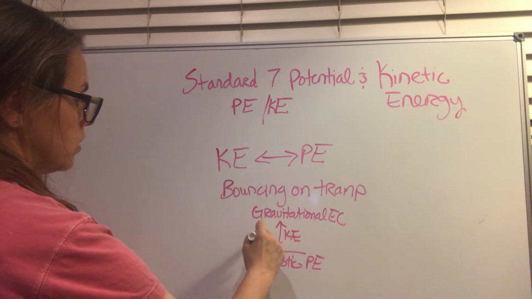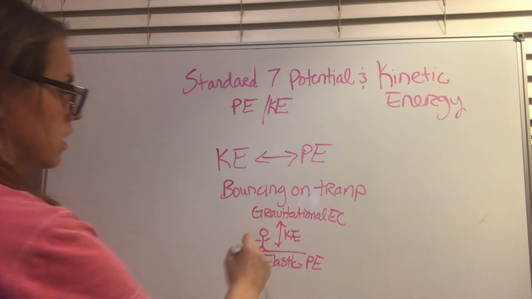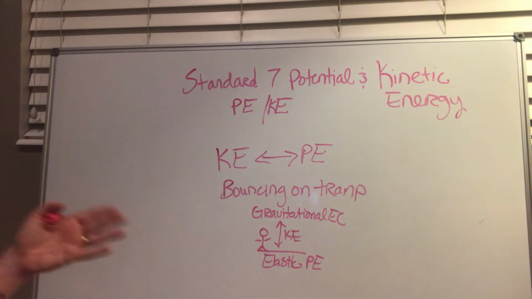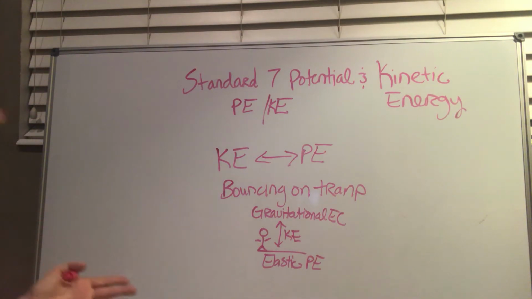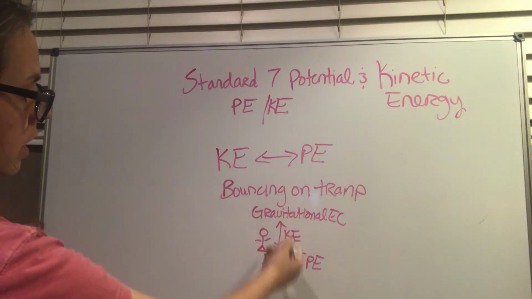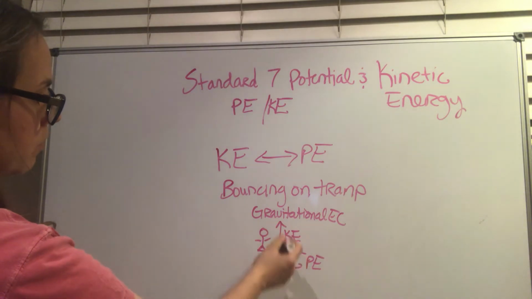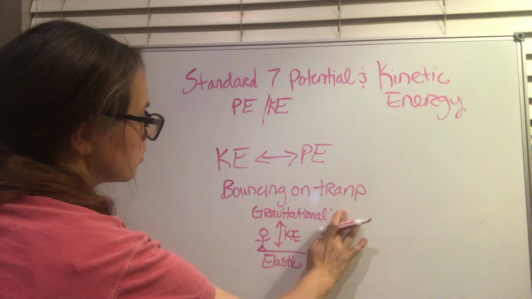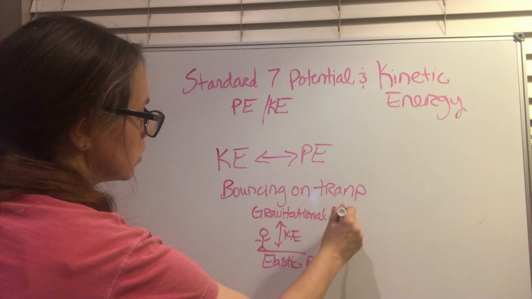So as you're bouncing on here, it's like a closed system where the energy is not reducing. And so you could just keep going forever, because once you bounce, you come up and you gain the, sorry, that was the wrong word, potential energy.